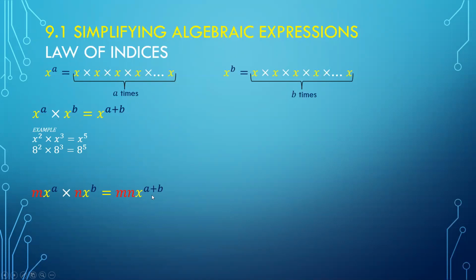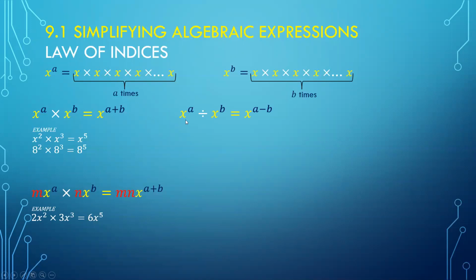So the answer is like that. Okay. So for example, when we have 2x squared times 3x cubed, our answer will be 6, because 2 times 3 is 6, and x cubed times x squared gives x to the power 5. Right?